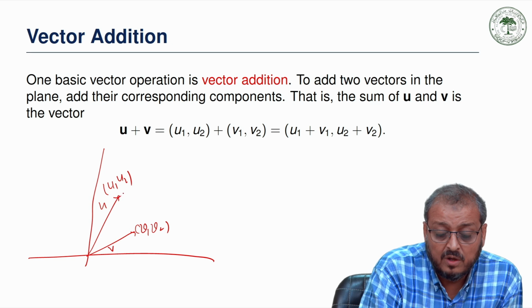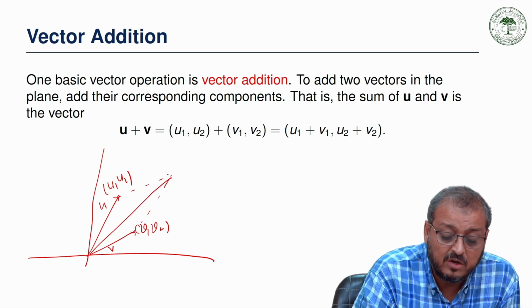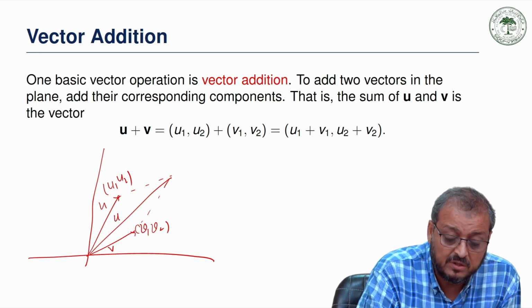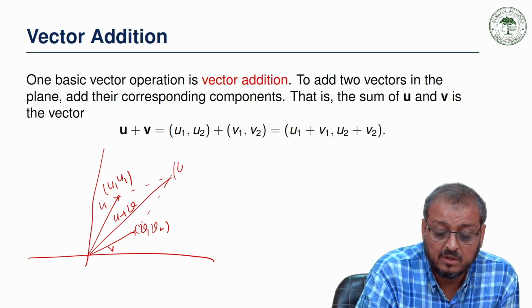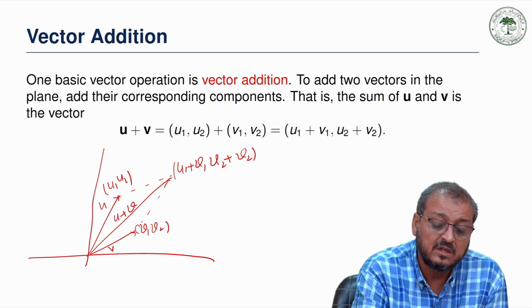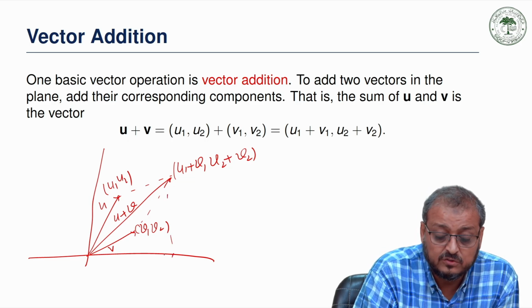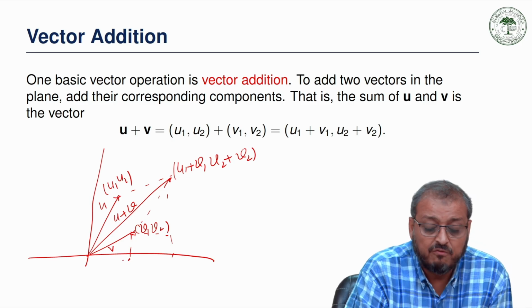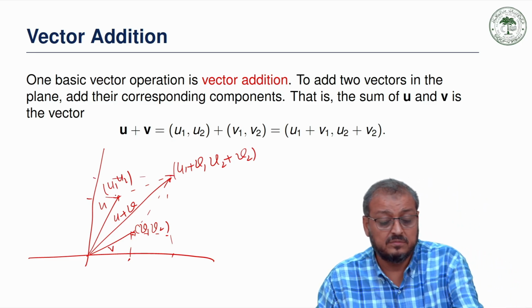We draw a parallelogram from these, and the diagonal of this parallelogram is nothing but u plus v. Geometrically, this is u1 plus v1 and u2 plus v2, and these are the components of the sum.